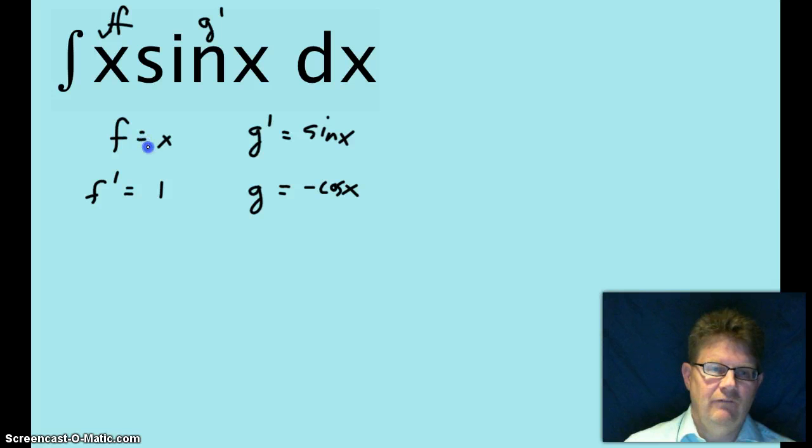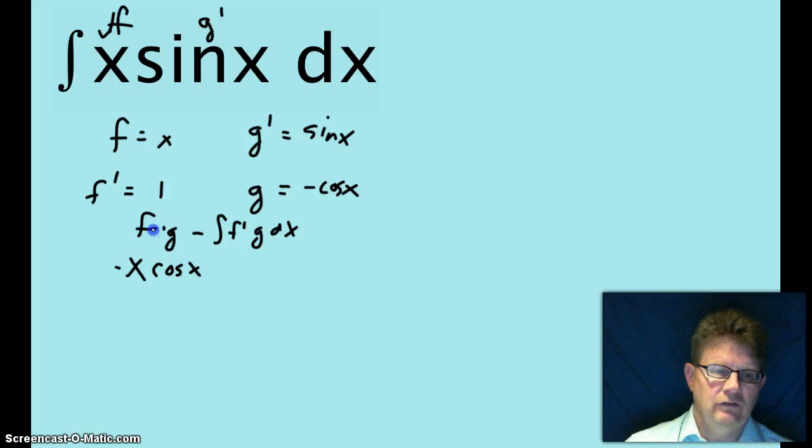So f times g, that would be negative x cosine x. That's f times g, minus the integral of f prime g dx. Alright, so f times g, negative x cosine x, minus the integral.